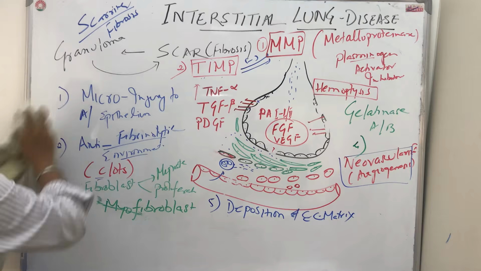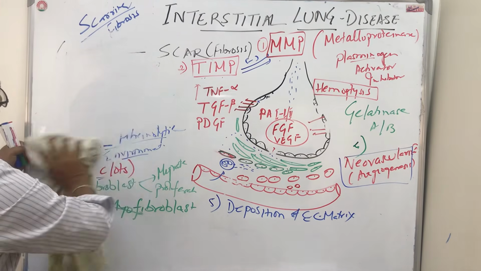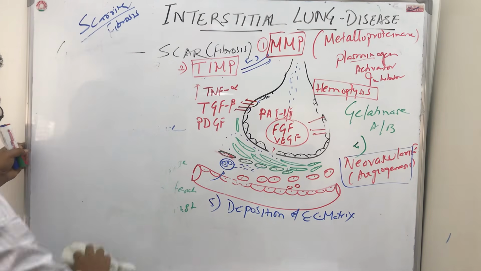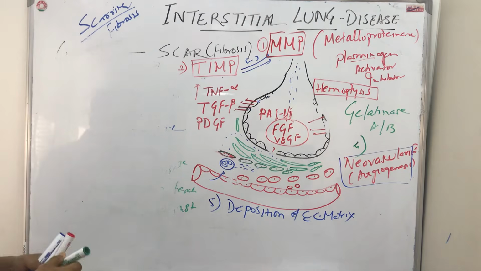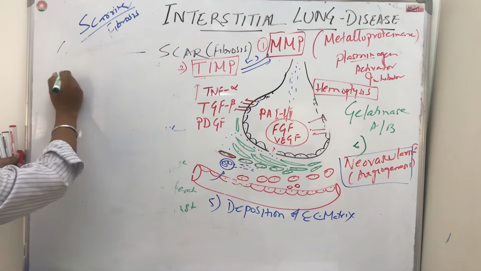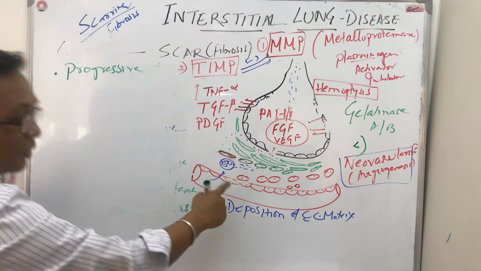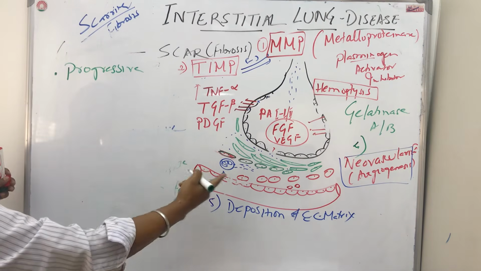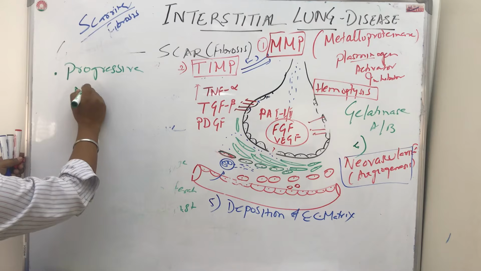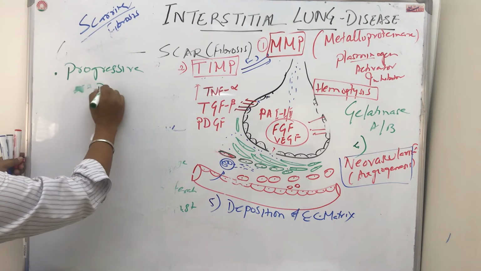So if we go to the clinical features of interstitial lung disease, the first thing you have to note is that there is progressive dyspnea, because this thing is slowly developing.